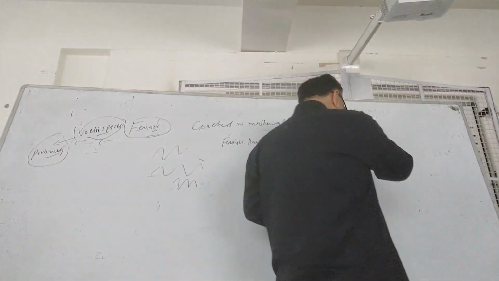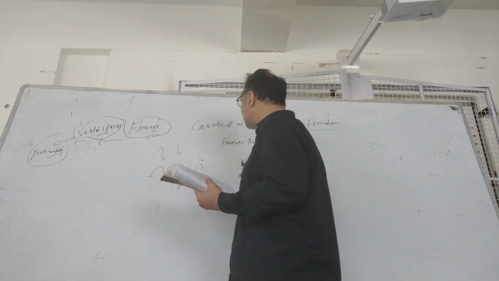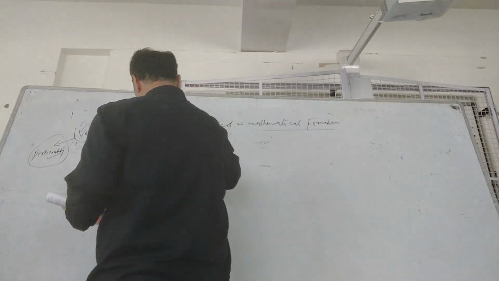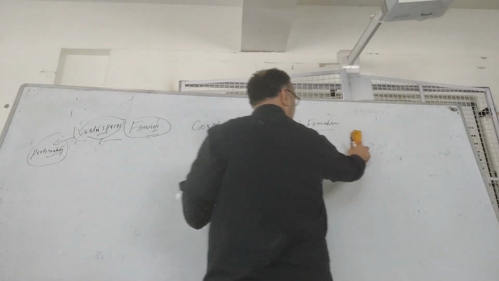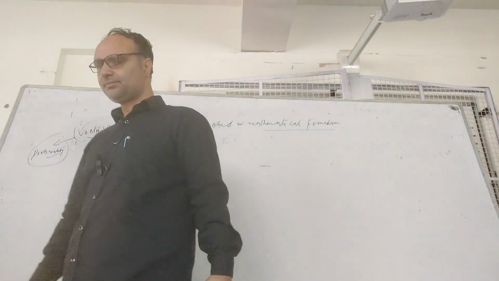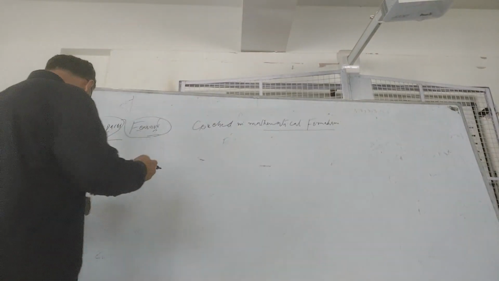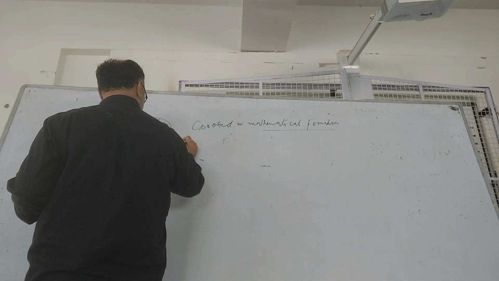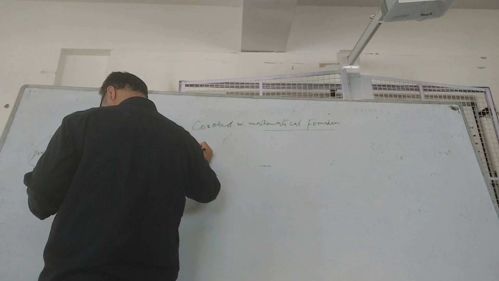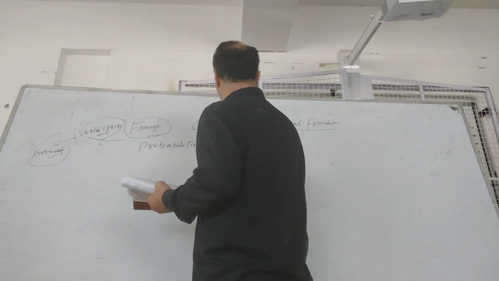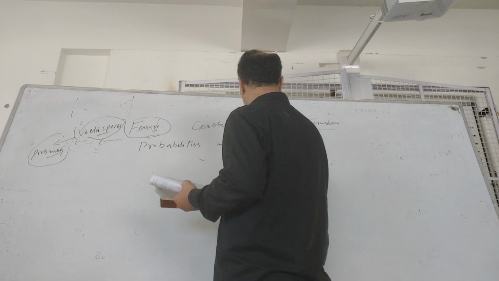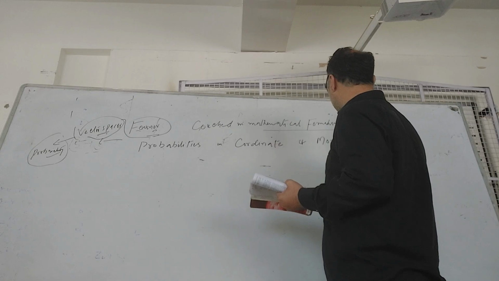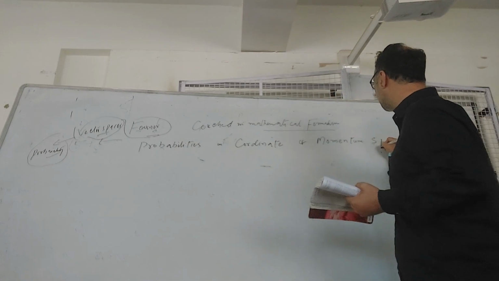ठीक है, सो अब ये है कि since we have done probabilities, so now if we are going to probabilities in coordinate and momentum space.